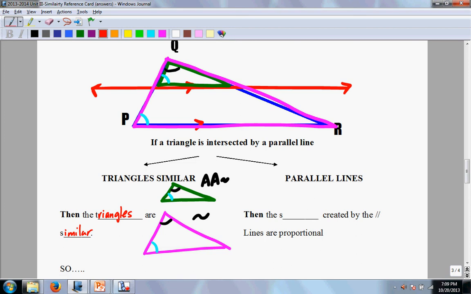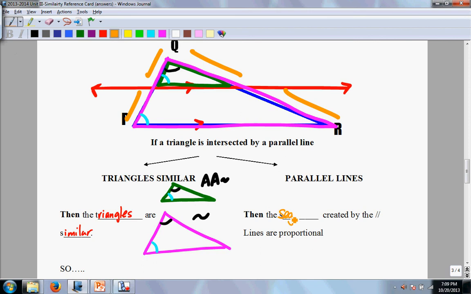Now another way to look at this is, instead of seeing overlapping triangles, just look at the non-parallel sides of the triangles, just see these segments here. These pieces on the non-parallel side. So you're not looking at triangles, you're just seeing these segments on the side. Those are also proportional.